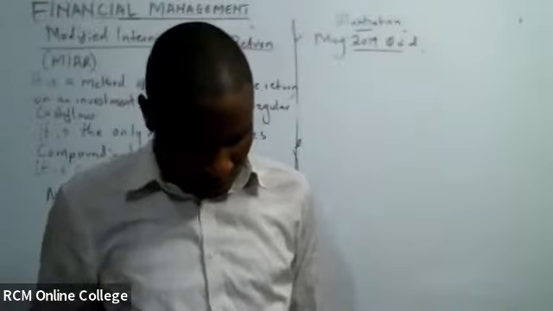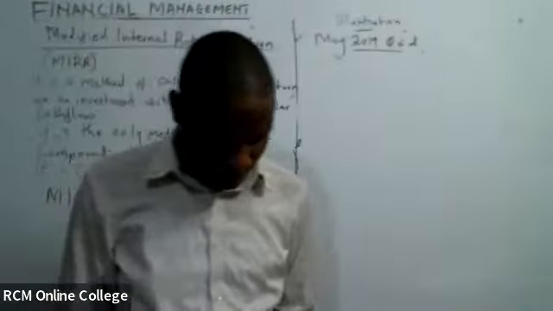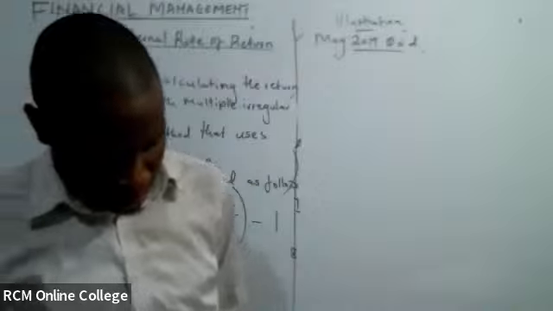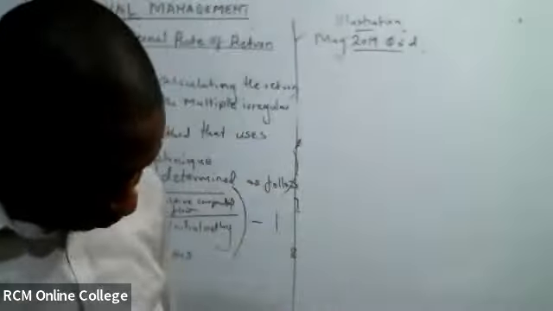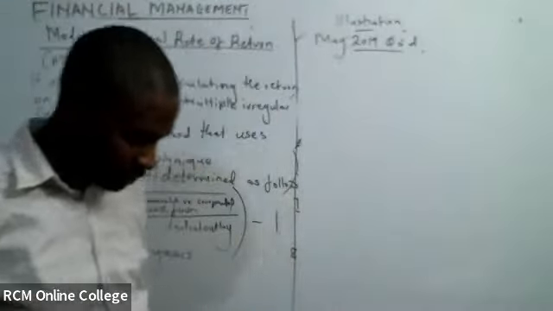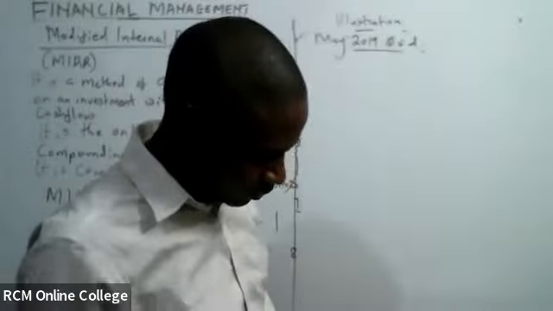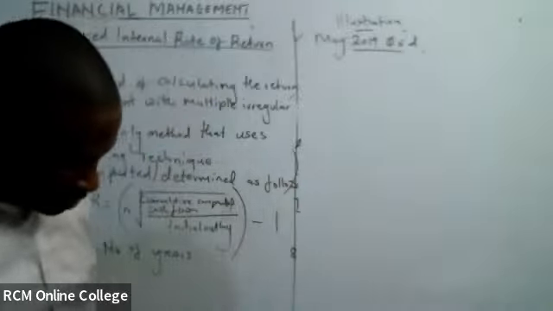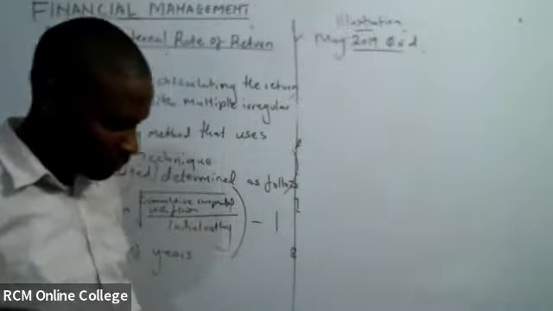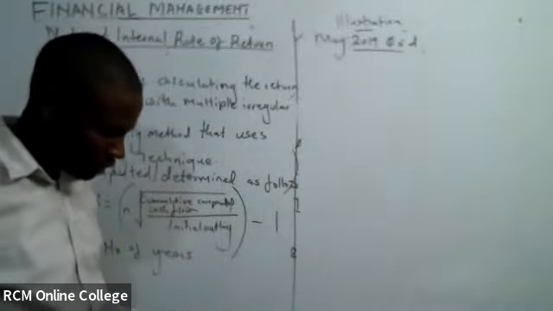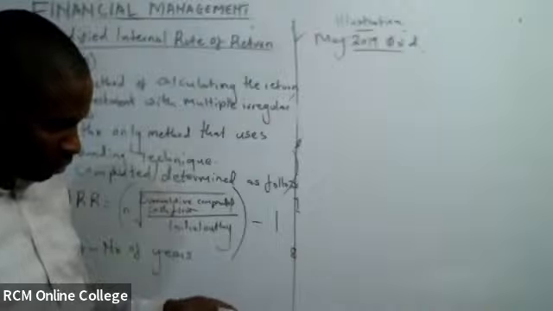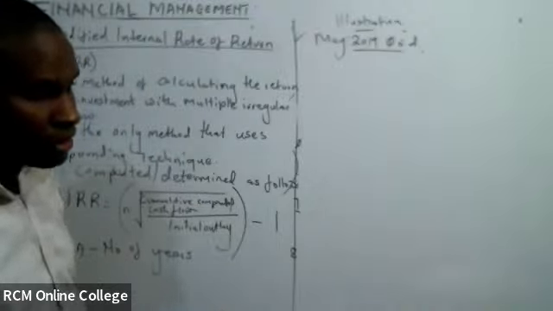The company intends to invest 300,000 in a project that has a useful economic life of 4 years. The following are the expected cash flows, years 1 to 4: 140, 120, 80, and 60. The company's required rate of return is 14%. You're required to come up with the modified internal rate of return.